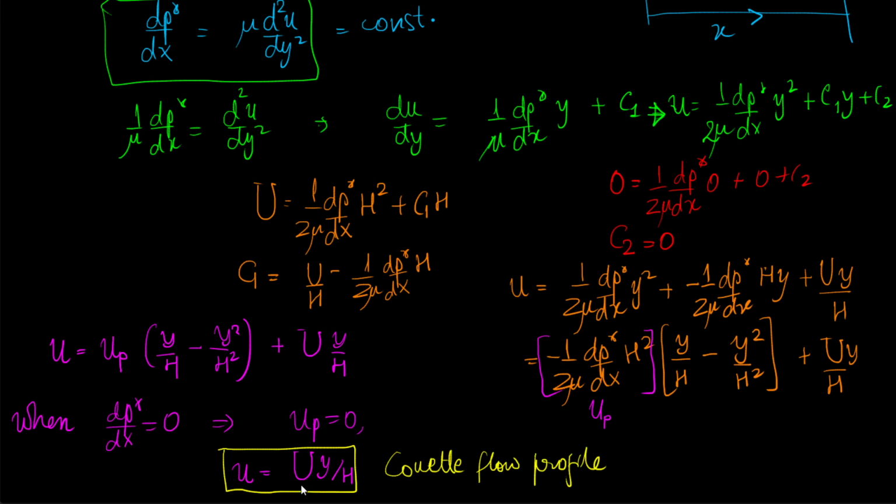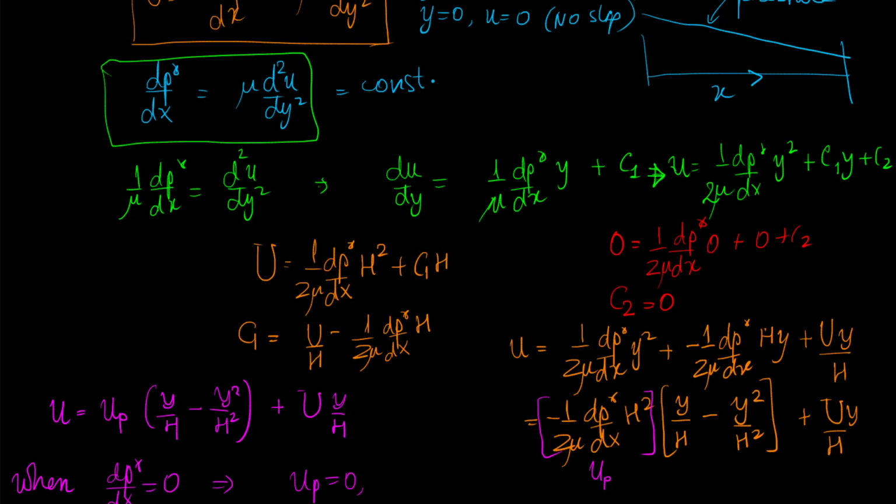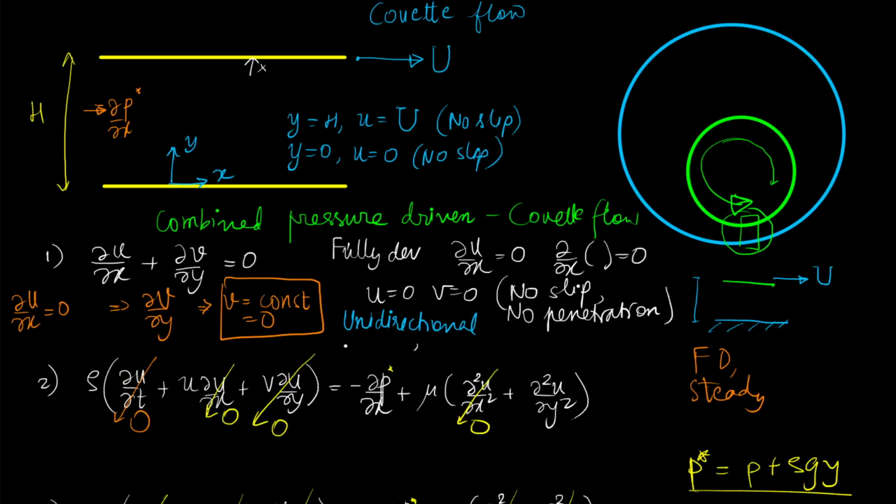And as you can see, this velocity profile is linear. It is something like this. So the velocity over at this location is capital U. Then it linearly reduces and becomes 0 over here.